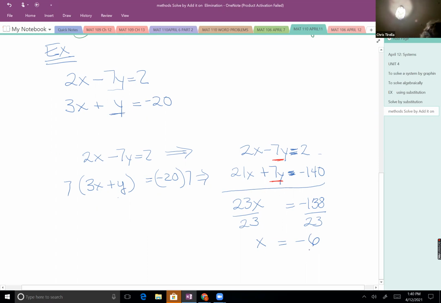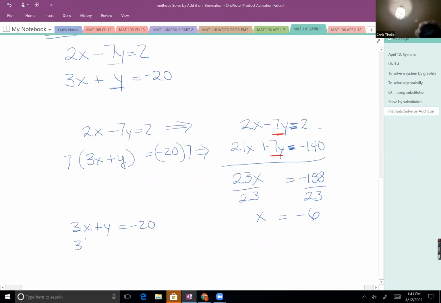But sadly, I'm not done. I still have to find y. To find y, I can use any of the equations that are here. I'm going to take that 3x plus y equals negative 20. And I'm going to substitute negative 6 in for x to find y.